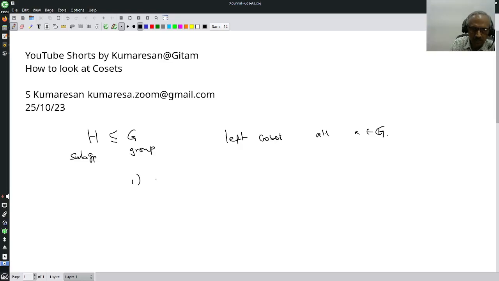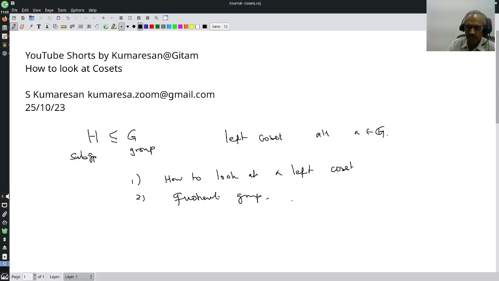One, how to look at a left coset. Two, when you study quotient structures, quotient groups or quotient rings, quotient vector spaces, quotient modules, etc., you have to look at the set of left cosets. How to look at them? These are the two things I want to talk about today.